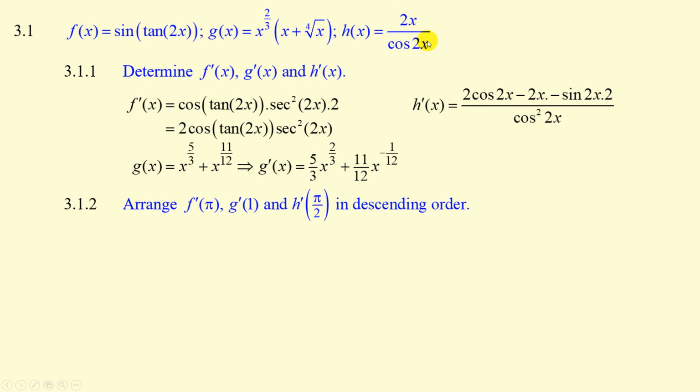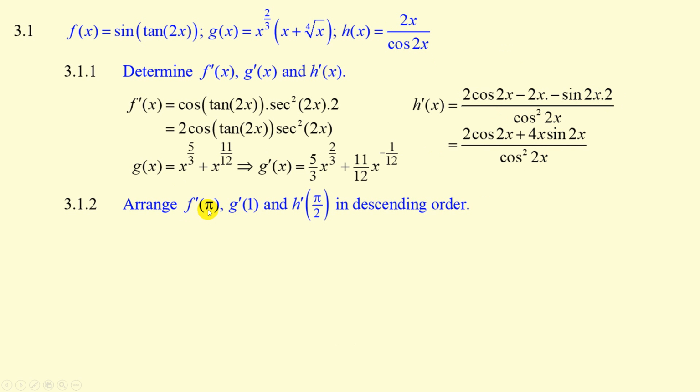And that is a chain rule. Derivative of cos is minus sine, so we get minus sine 2x, leaving the inside as it is, times derivative of the inside 2, all over denominator squared, which simplifies to that.